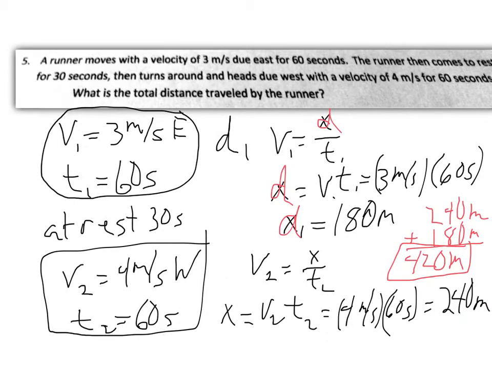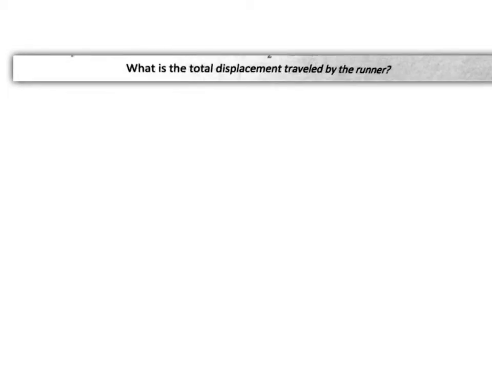Now the next ask, what's the total displacement by the runner? Well, we've already done enough work here that it really doesn't take a long time to finish this all. We already know that he went 180 meters to the east, or we could say positive 180 meters, because east typically is a positive direction.